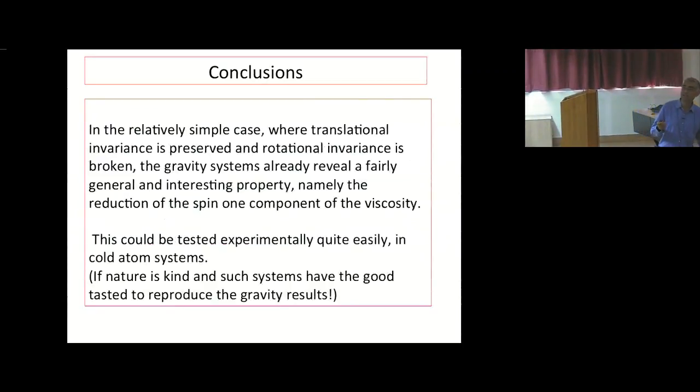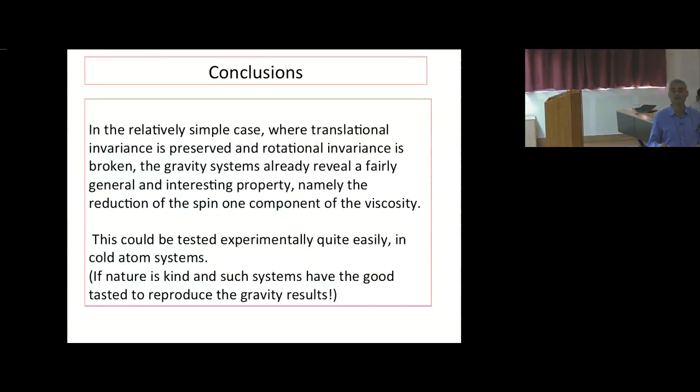In the relatively simple case where translational invariance is preserved and rotational invariance is broken, the gravity systems already reveal a fairly general and interesting property of the reduction of some components of the viscosity, which we think could be tested quite easily in existing cold atom setups. And if nature is kind, I think that would be quite an exciting result.